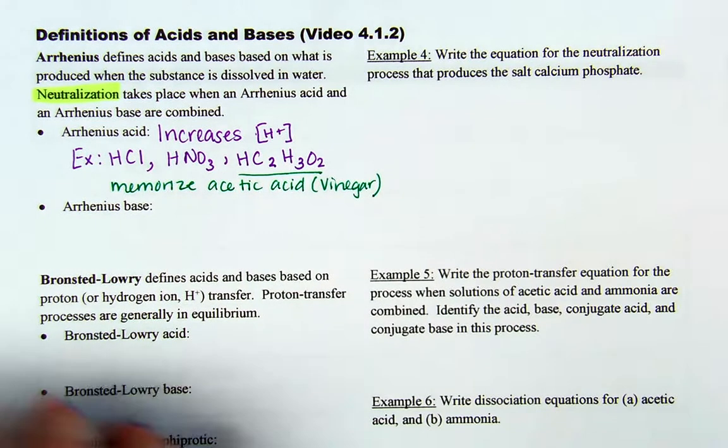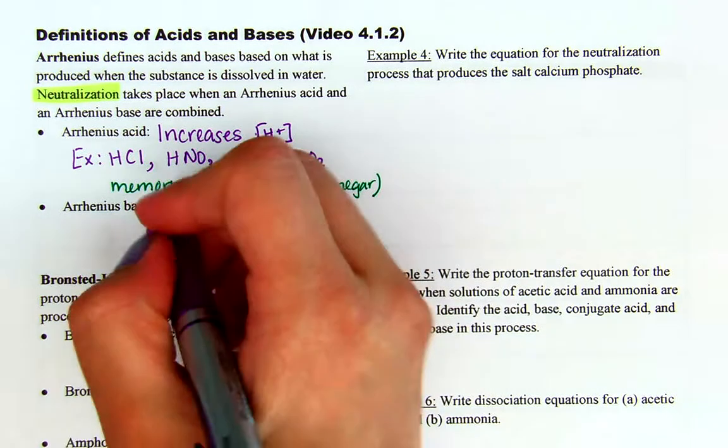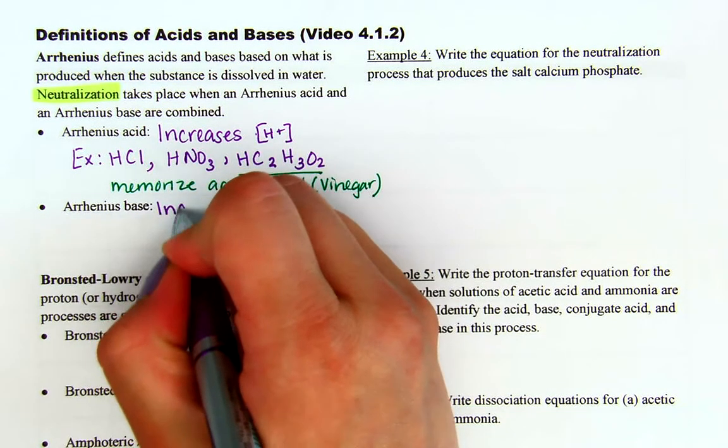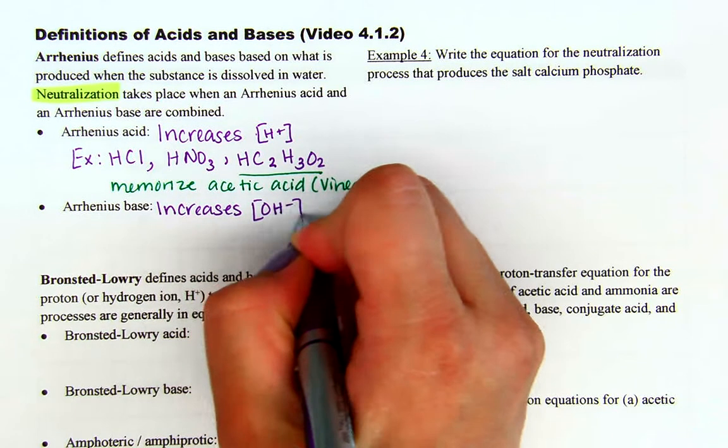You'll just see it in so many reactions, and it's going to be worth it for you to memorize. In vinegar, acetic acid is not on that list of strong acids and bases, so that is a weak acid. Okay, an Arrhenius base then increases the concentration of hydroxide anions in solution.